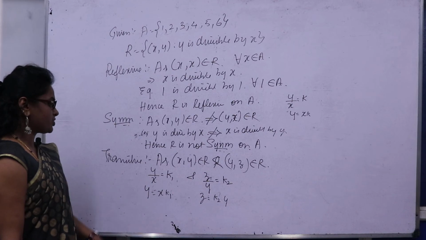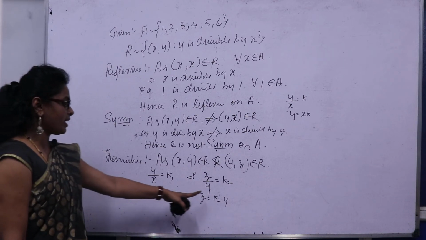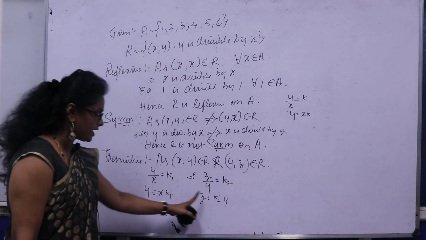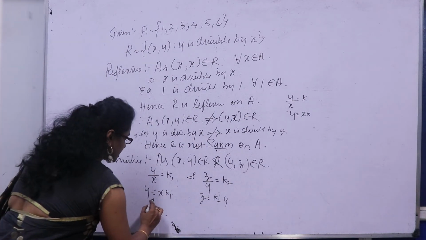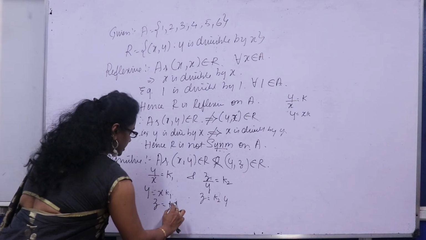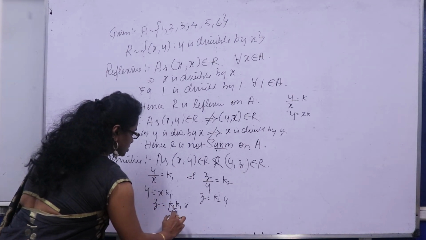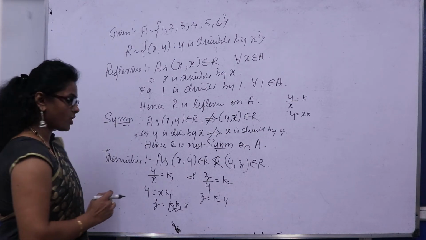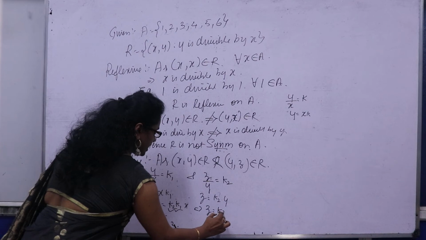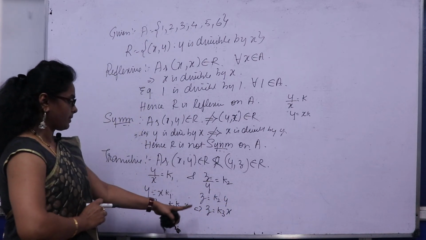I have the value of y here. Can I substitute this value of y in place of this? Yes, that is z is equal to k2 k1 x. This whole thing I am just considering as a constant. So z is equal to k3x.